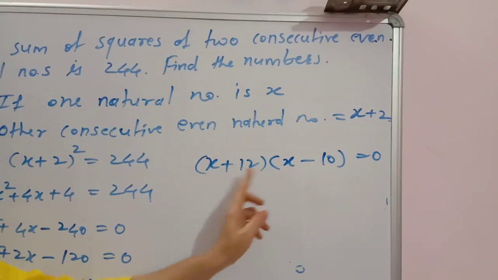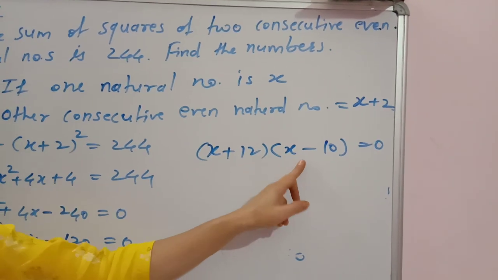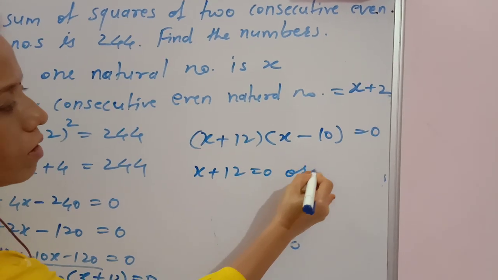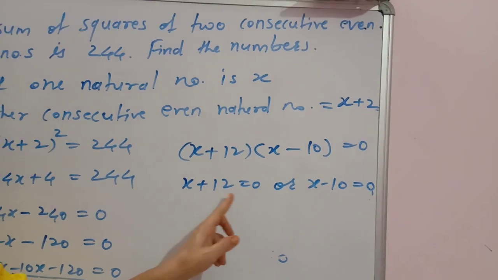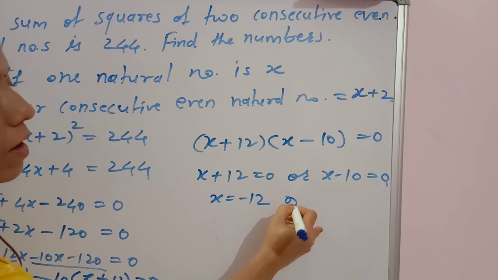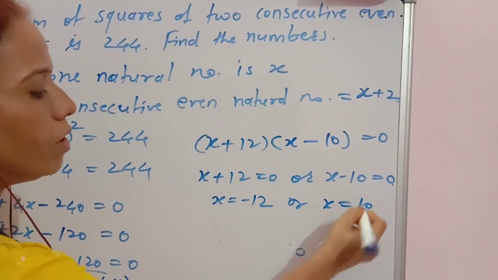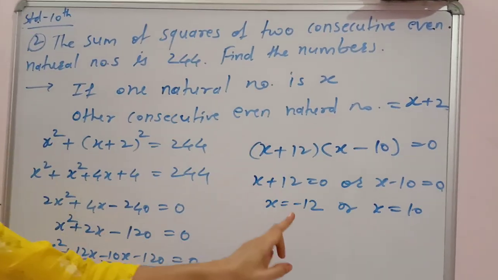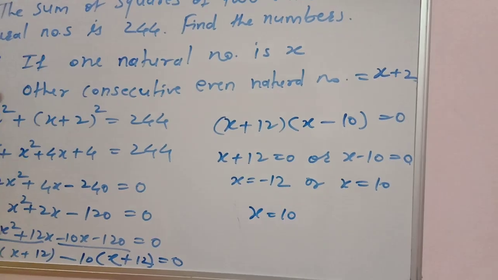When the product of two terms is 0, definitely one of the two brackets will be 0. Therefore x plus 12 equal to 0 or x minus 10 equal to 0. When x plus 12 equals 0, x is negative 12, and when x minus 10 equals 0, x is positive 10. The numbers are natural numbers, and natural numbers are never negative, so the first natural number is 10.